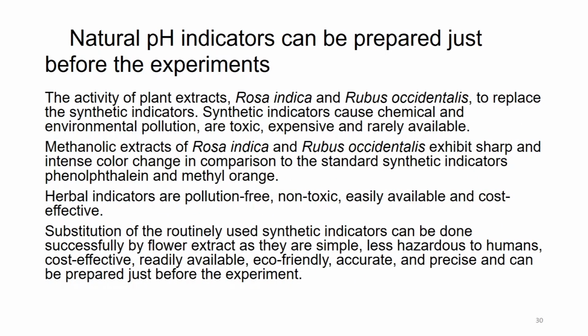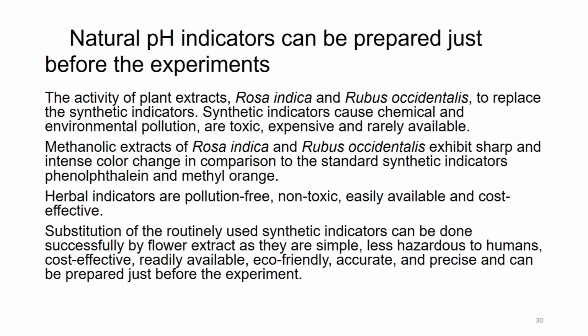Natural pH indicators can be prepared just before the experiment. The activity of plant extract of Rosa indica or Rubus occidentalis can replace synthetic indicators. Synthetic indicators cause chemical and environmental pollution, are toxic, expensive and rarely available. Methanolic extract of Rosa indica or Rubus occidentalis exhibits sharp and intense color change in comparison to the standard synthetic indicators like phenolphthalein and methyl orange.